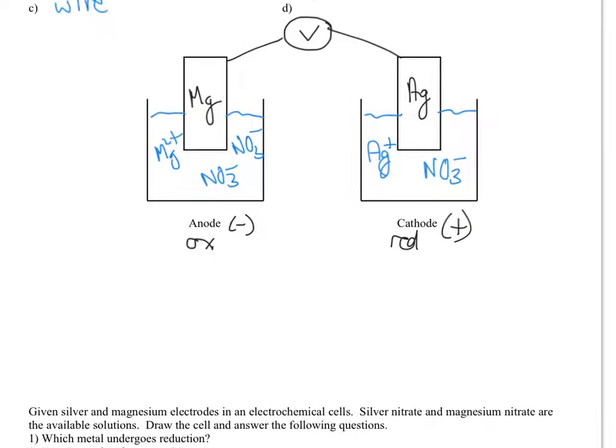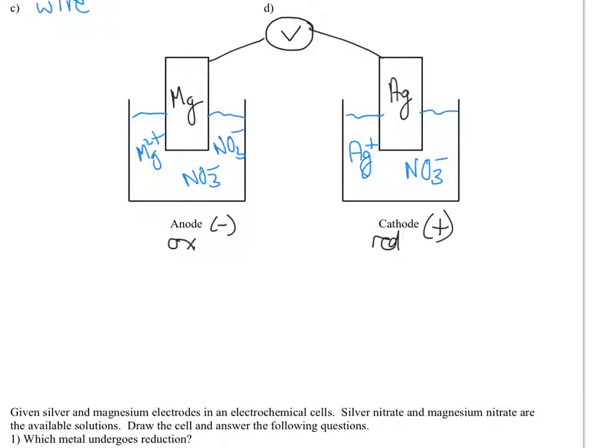So let's start with the magnesium. So the magnesium is being oxidized. That means its charge is going up. So does the Mg2+ turn into Mg, or does the Mg turn into Mg2+? In other words, when I write my reaction, which one is my reactant and which one is my product?